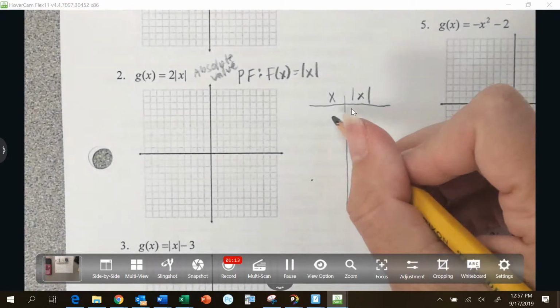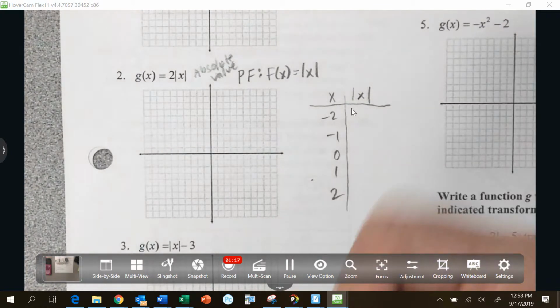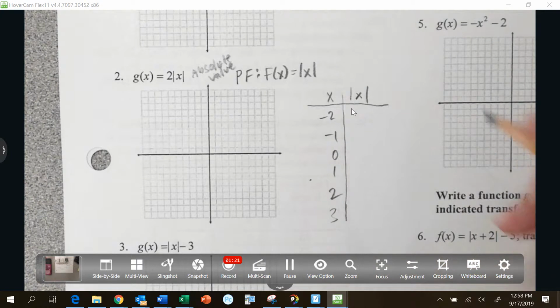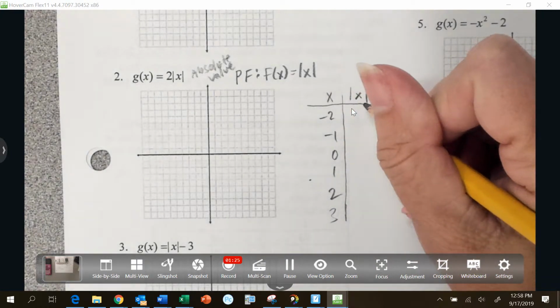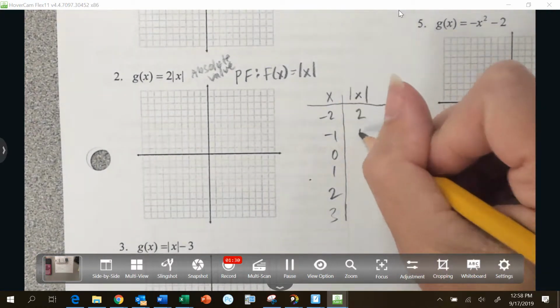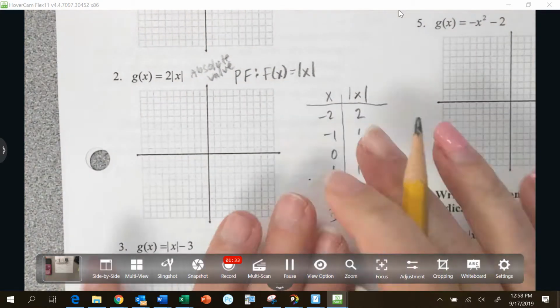Maybe the x's I want to choose are -2, -1, 0, 1, 2. Maybe I want more than that, 3. It's kind of up to you. And when you do absolute value, what does absolute value do? It makes it positive. So I will have 2, 1, 0, 1, 2, 3.